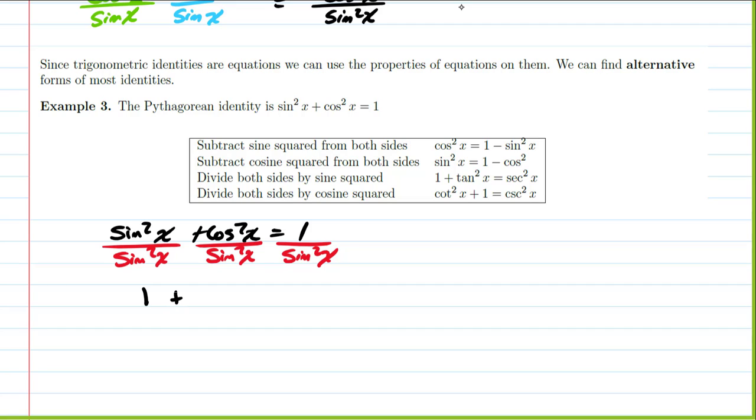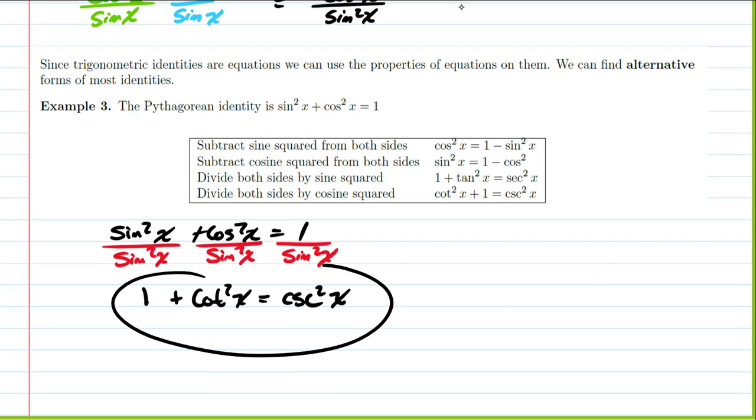Cosine over sine is cotangent. And 1 over sine is cosecant. Oh, well, this is another identity. And I've got these backwards.